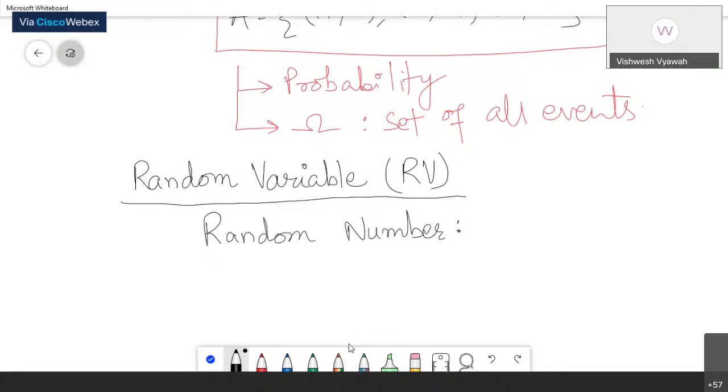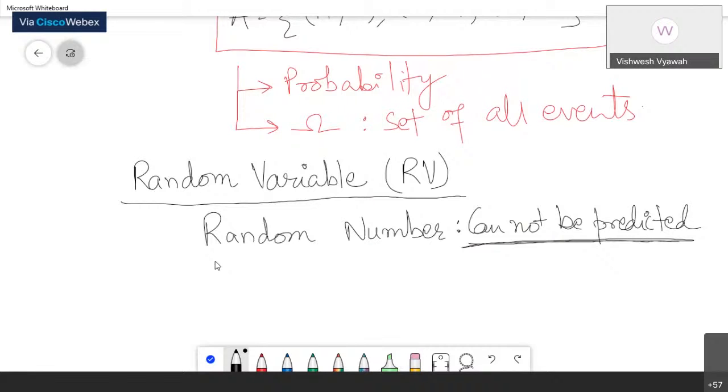Or if you randomly pick some person and measure the height of his or her hand, it's a random number. They are called random because they cannot be predicted. A truly random number, you cannot predict it. You don't know which number is going to come. For example, the output of a chaotic system is a random number. You don't know when it is in the chaotic mode, it gives you a very random output. What these softwares are generating are basically pseudo random numbers.